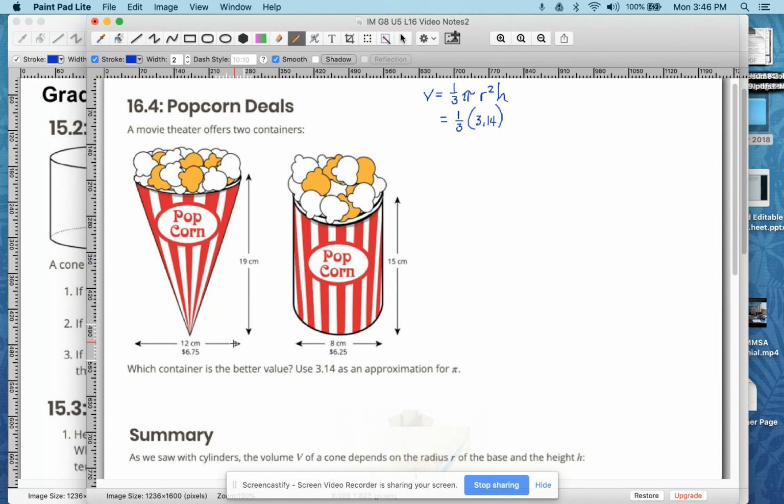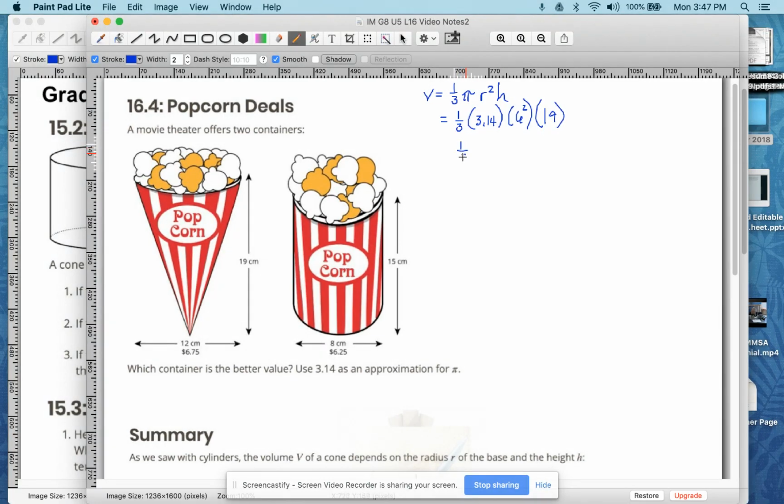I look at all of this and like, they did not give us the radius. They gave us from here to here is 12. Well, from here to here is actually called the diameter. So the radius is half of the diameter. So I need 6 squared times my height, and the height for this cone is 19.